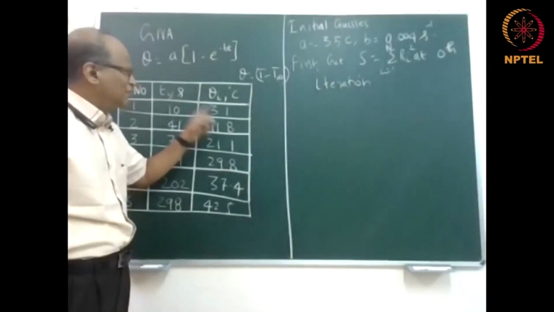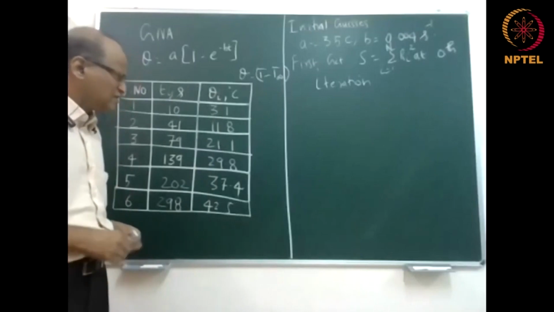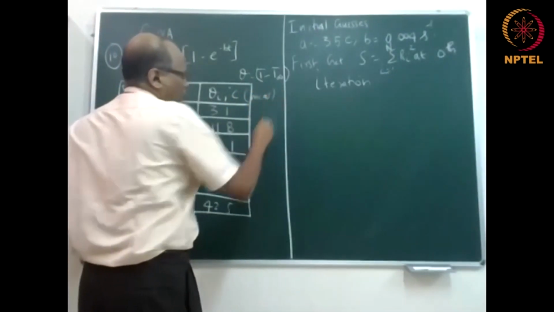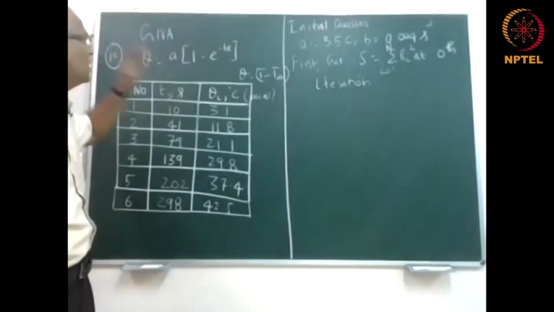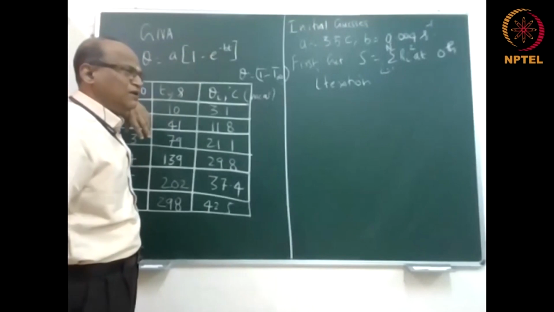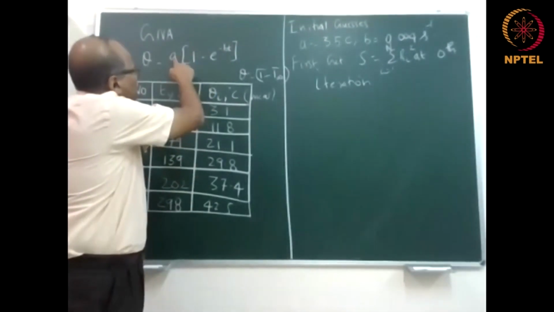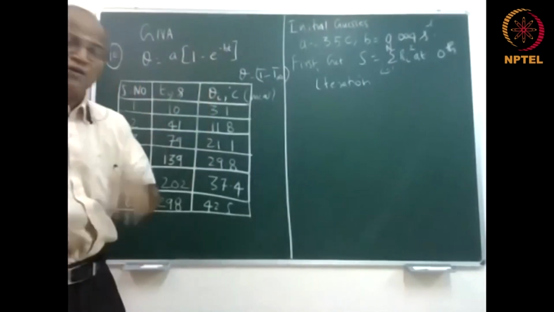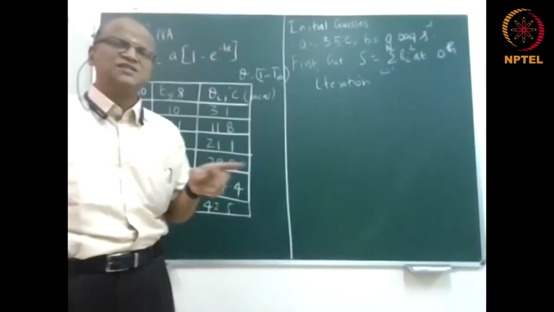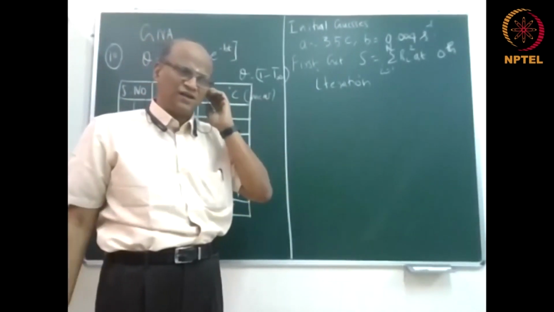At these 6 times, there is a particular value of theta i, and all these are measured. Now, what is the goal? What is the inverse problem? I know that it follows this form. This comes from the forward model, my domain knowledge of heat transfer, whatever. I know that theta follows this, but I don't know what that A and B are. I already proved to you that this cannot be linear. You can make it into a linear regression and do it. Therefore, we have to proceed with a non-linear regression.